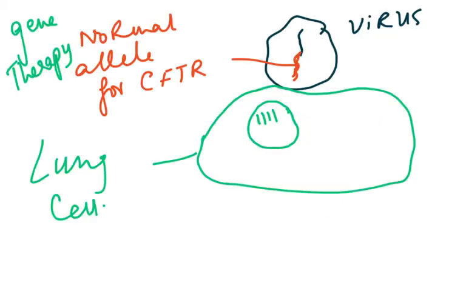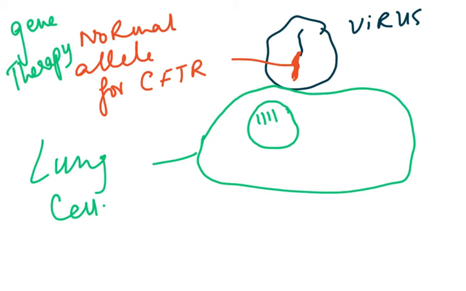Now let's look at gene therapy for cystic fibrosis. So what we do is we take a virus which usually infects the lung cells, like the influenza virus, and we of course deactivate it so it doesn't cause the disease. And we attach the normal allele, the normal DNA sequence for the CFTR protein.